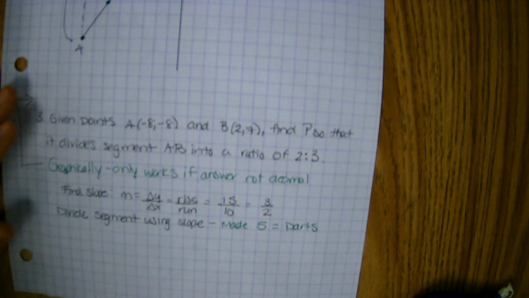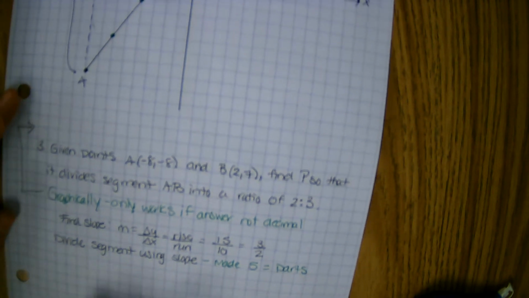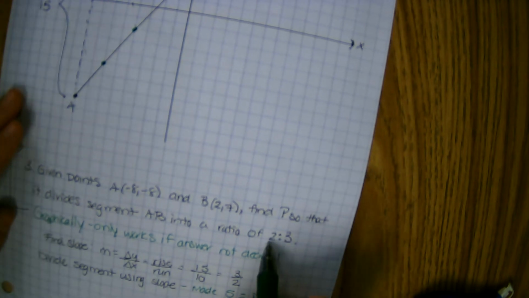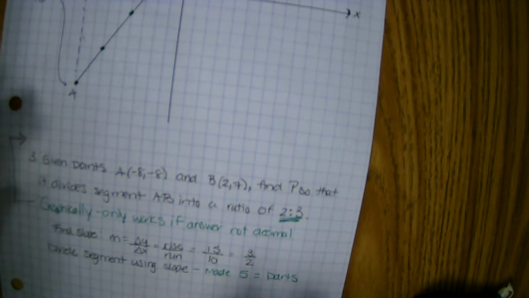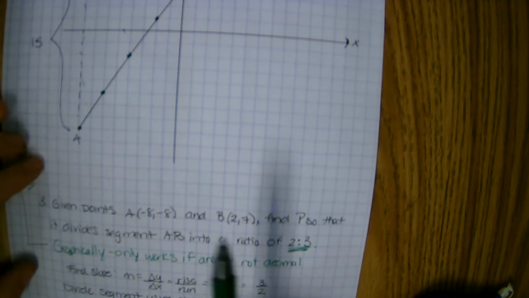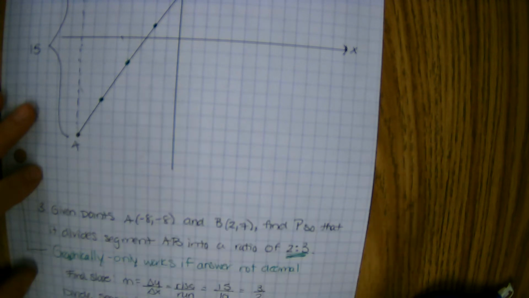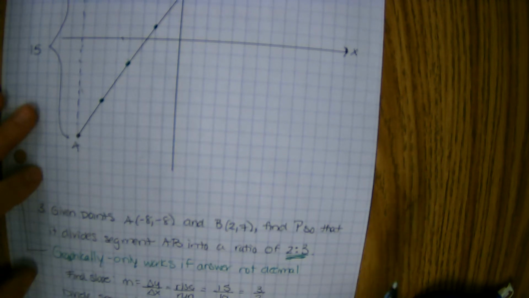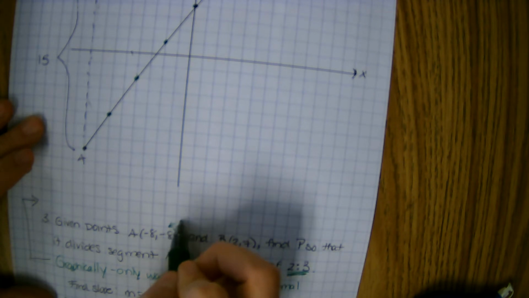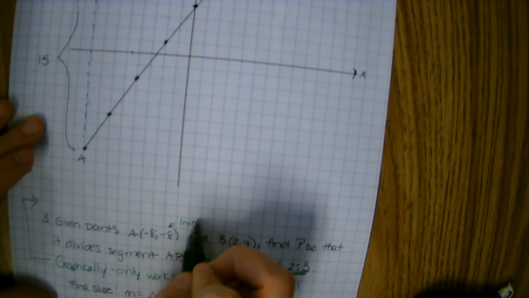So now, if I want to find a point that divides the directed segment into a ratio of 2 parts to 3 parts, I need to find which point is 2 away out of the 5 from point A. So A here I'm giving you is your initial point.